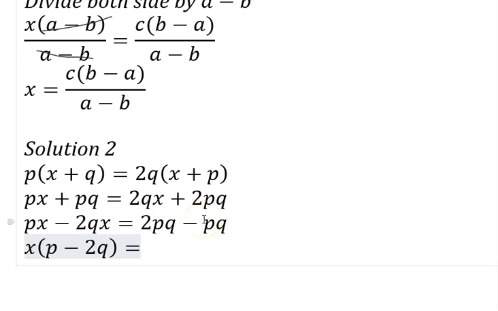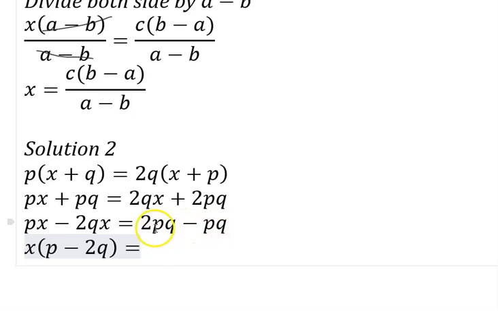You are still correct because the 1 is invisible. For example, if you have A, that A is actually 1A because the 1 is invisible. If you have Z, that Z is actually 1Z. So if you have 2PQ minus PQ, this PQ is 1PQ. So 2PQ minus 1PQ will still give you 1PQ. That 1PQ, you can still write as PQ.